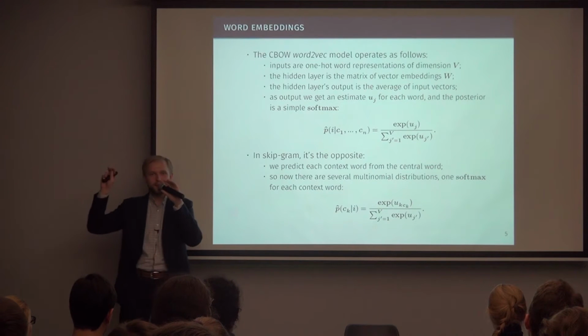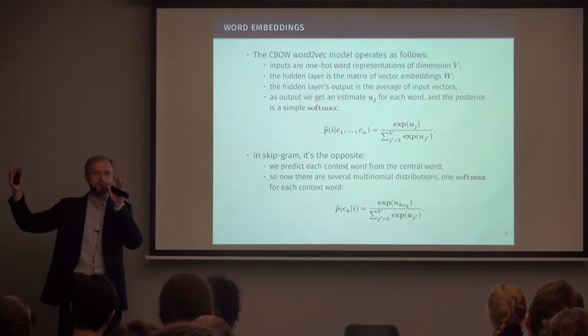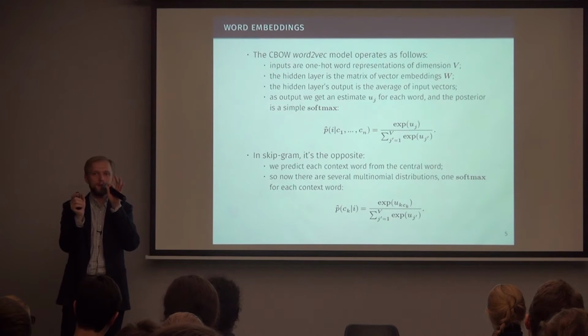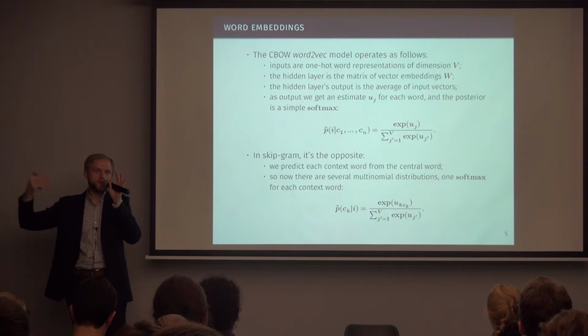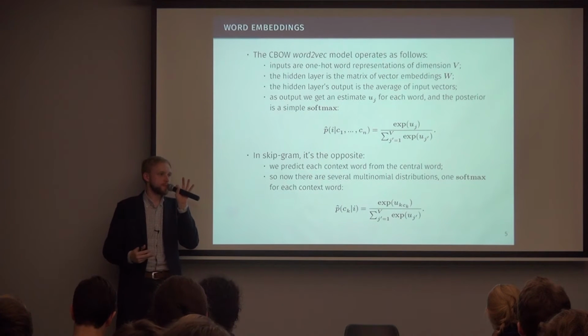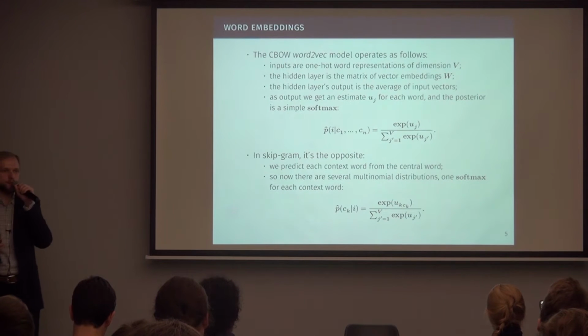So in classical natural language processing, each word was a vector of all zeros and a single one, and the size of the vector was the size of the vocabulary, and then you did lots of interesting things with it. But naturally, this representation loses a lot of information.